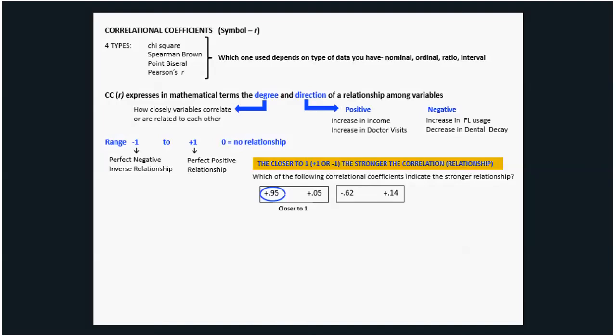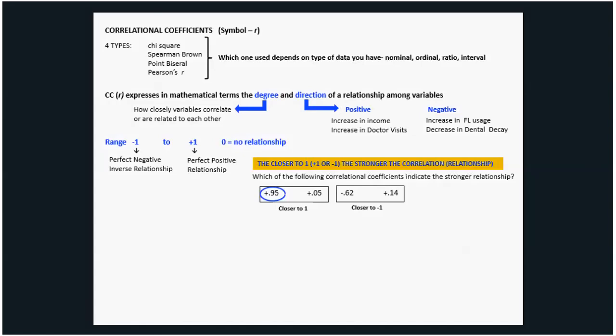Now, -0.62 and a +0.14. Again, you have to look at this. You can't look at it based on a 0 point. You have to look to see which one is closer to 1, whether it's a -1 or a +1. And if we look at this here, a -0.62 is closer to -1 than a 0.14 is to a +1. So this indicates a midpoint.